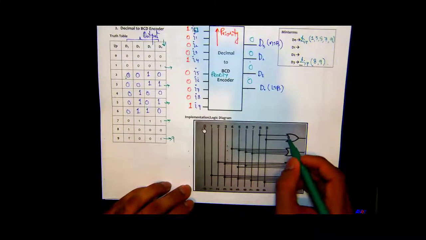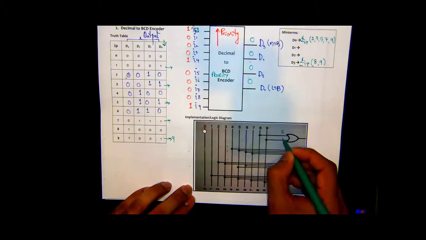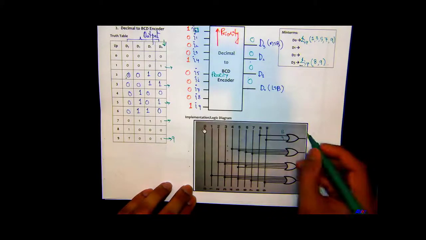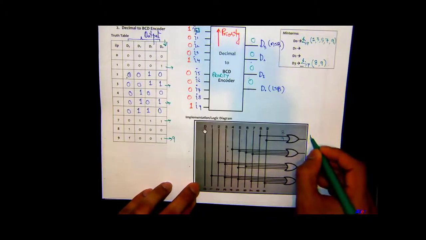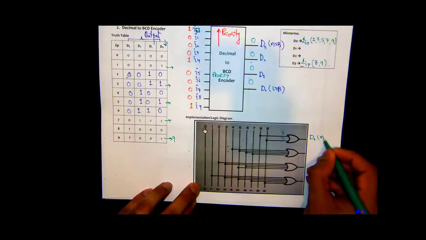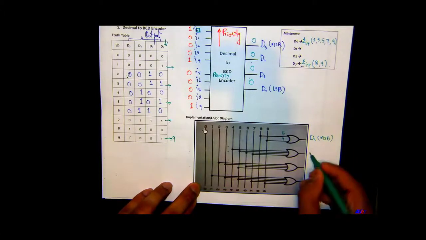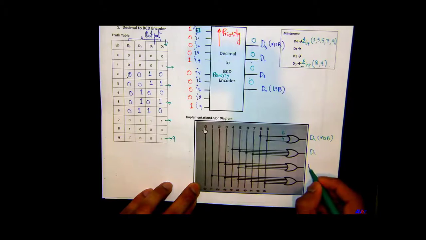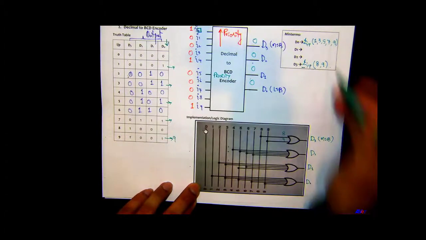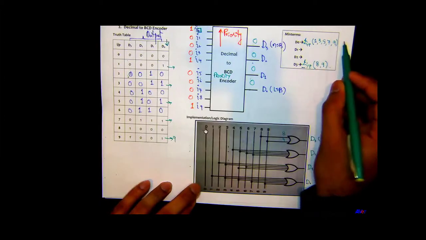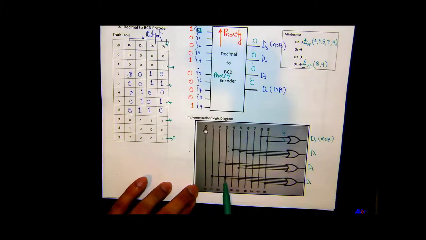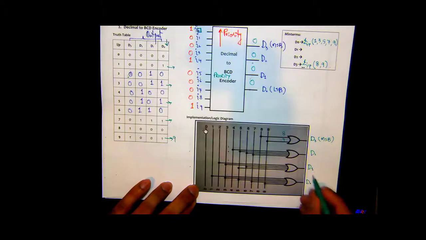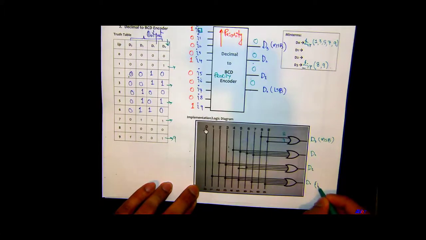And if you look at what is going in here, you got line number 8 and line number 9 going into this OR gate. So this would make what? D3, correct? So this is your most significant bit. Similarly, this will be your D2, your D1, and your D0. If you look at D0, we had 1, 3, 5, 7, and 9 going in here. So that is your least significant bit.